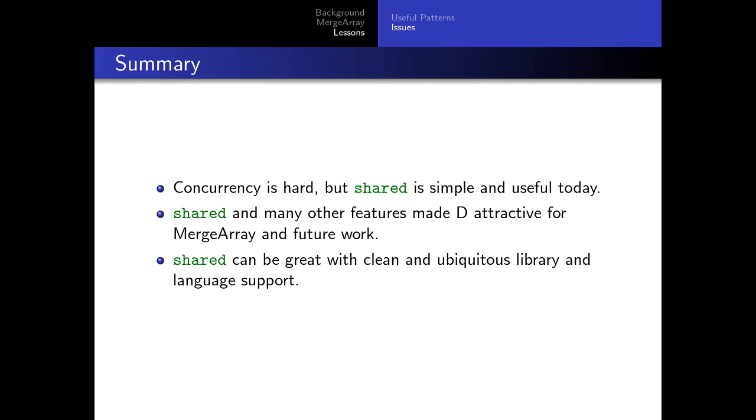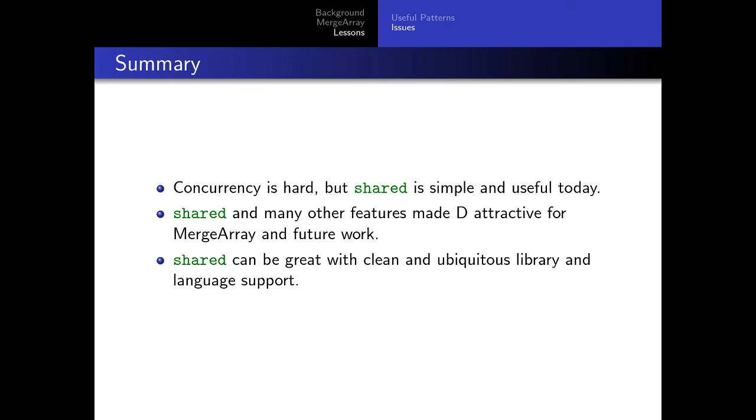So the summary is that concurrency is hard, but shared isn't actually a disaster. It's not so complicated and can actually be very useful. I thought that shared and many other features of D were very attractive in making this project happen and in continuing to use it in future work.